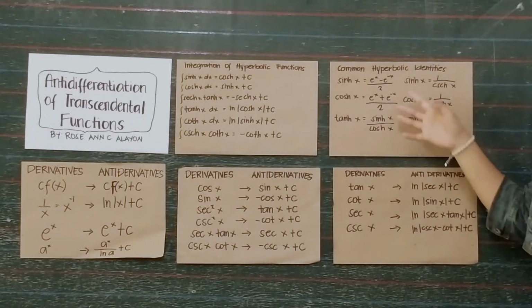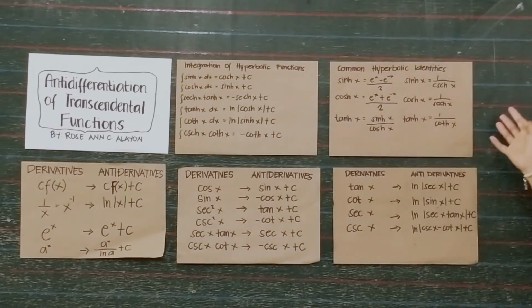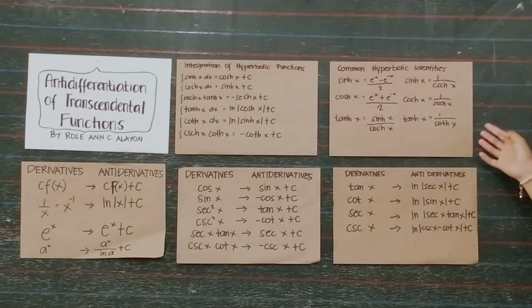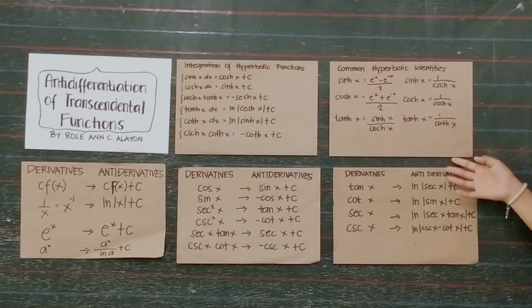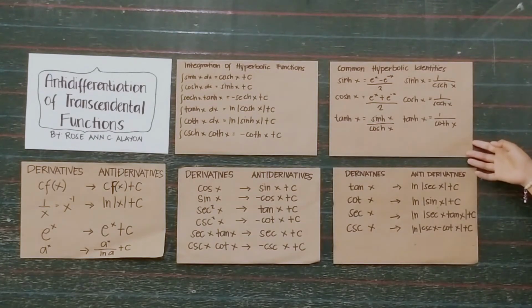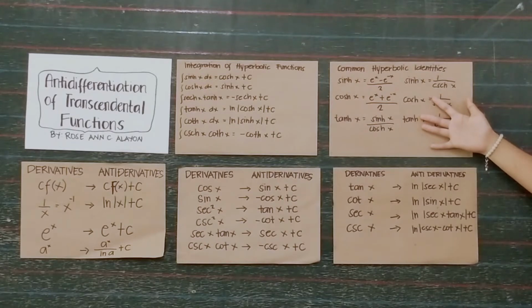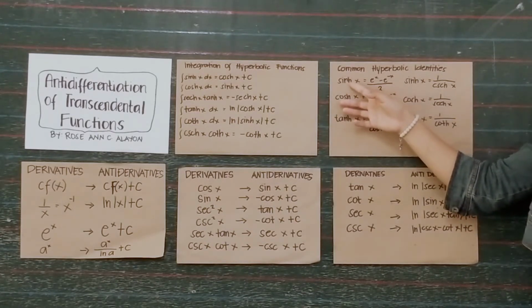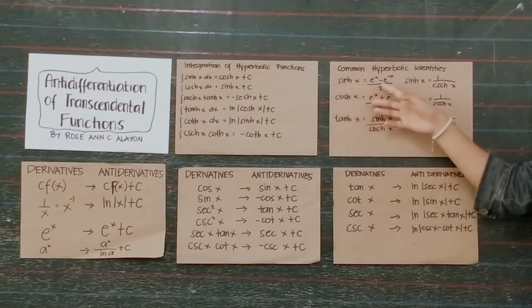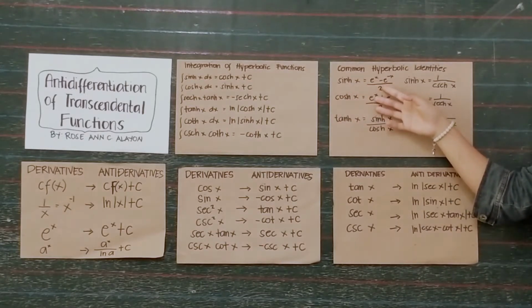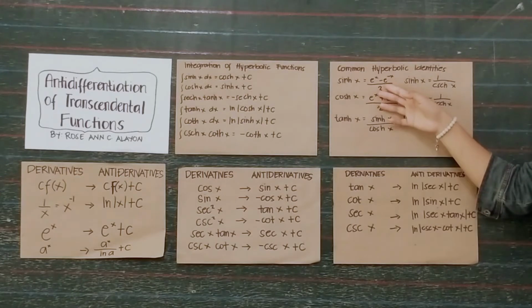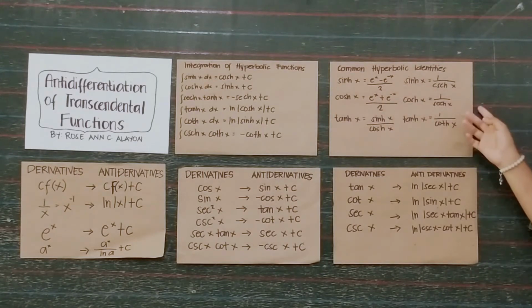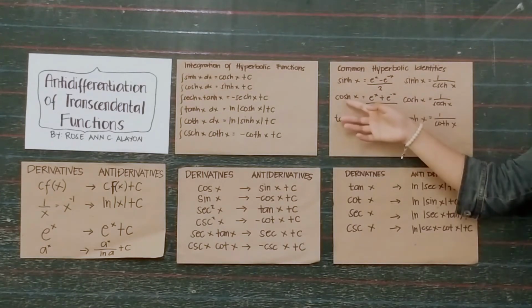So here we also have the common hyperbolic identities, and as you know, there are also identities for trigonometric functions. So here I have the hyperbolic identities: hyperbolic sine x is equal to e to the x minus e to the negative x over 2.